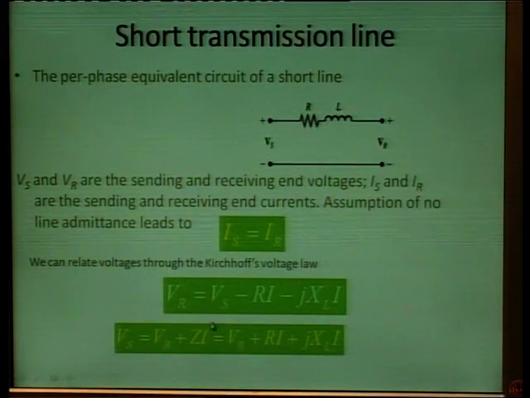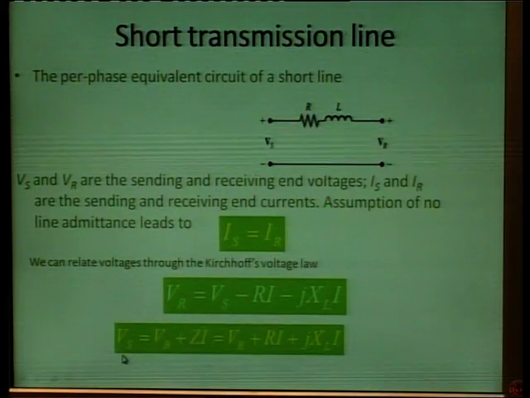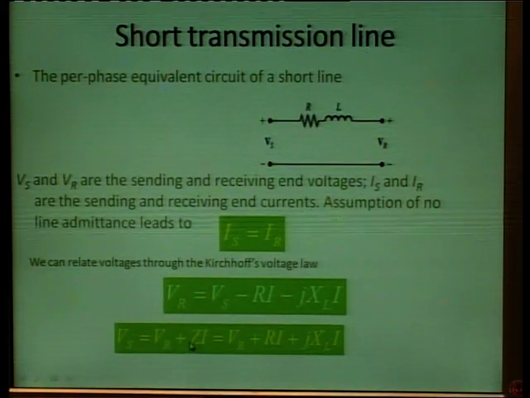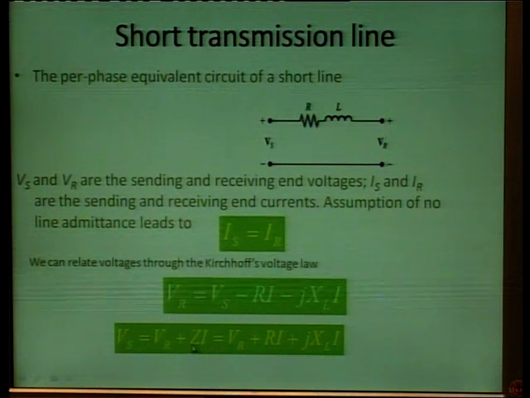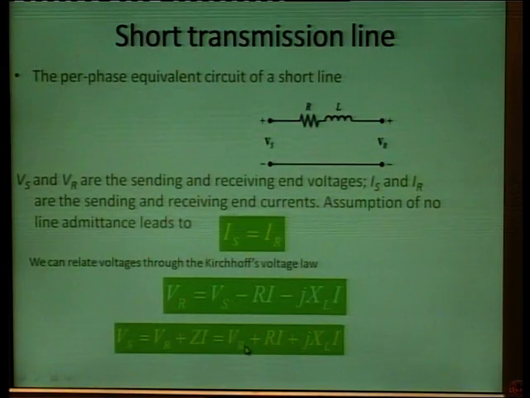Rearranging this equation, Vs is equal to Vr plus IZ, where Z is the total series impedance of the line. Expanding this, Vr plus IR plus jXLI. So this is the equation of Vs in case of a short transmission line.